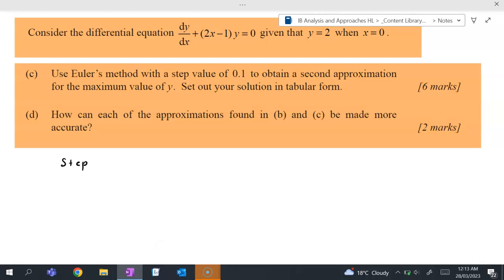So we need our columns: step, xn, yn, dy/dx, which, if I rearrange that, it's minus 2x take 1 times y. Rearrangement on that differential equation there. And then this is yn plus 1.